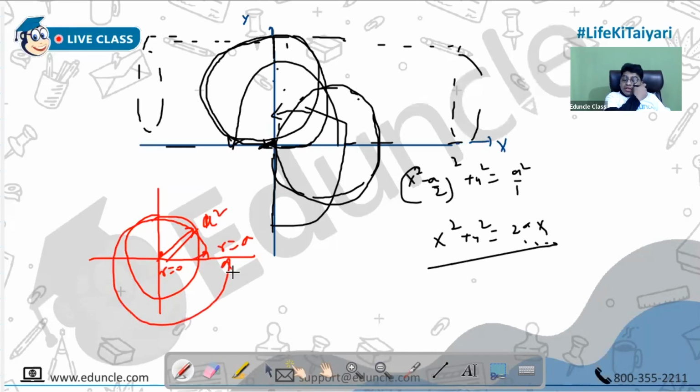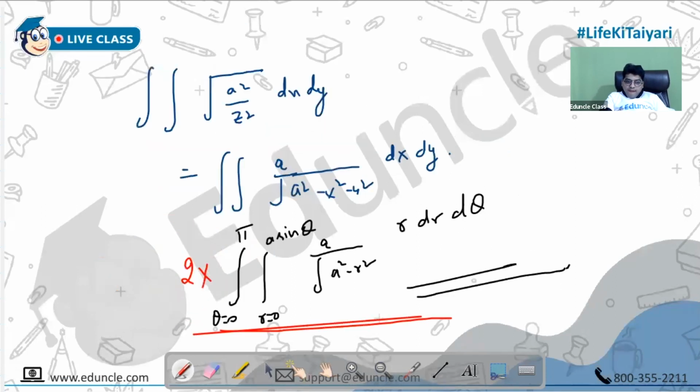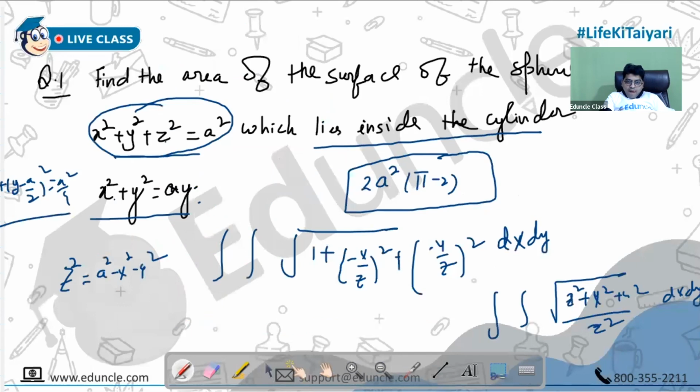I have given 3 problems. One has the circle on the y-axis, one has the center on the x-axis, and one has the center at 0, 0. So you have 3 different varieties of the problem. The answer is 2 a square (pi minus 2). This is the right option, Pranshu.